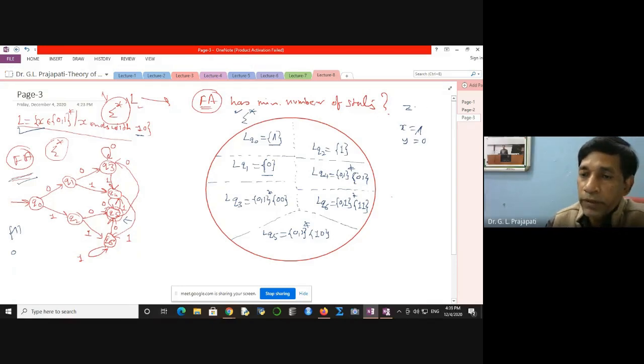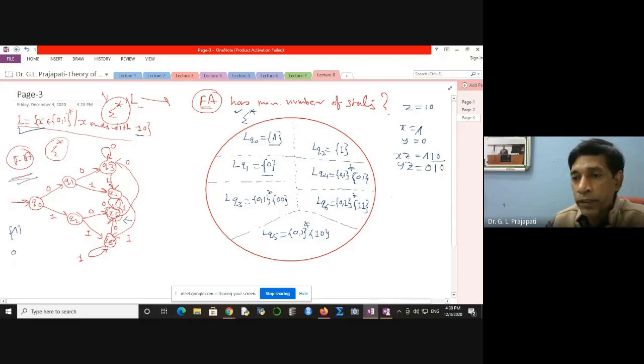So if you take z as, say for example, z is equal to 10, so xz is what? xz becomes 10 and yz becomes 010, and this ends with 10, this ends with 10, both belong to the language. So you can say that x and y are not distinguishable here.